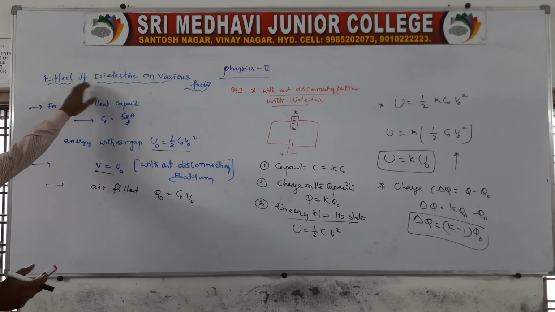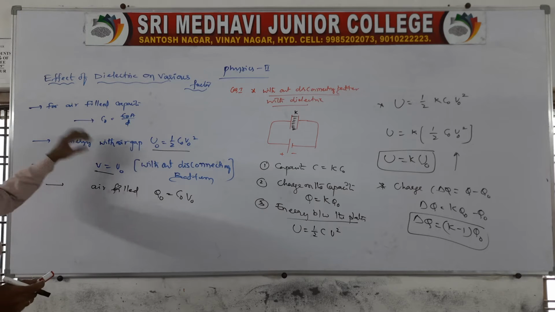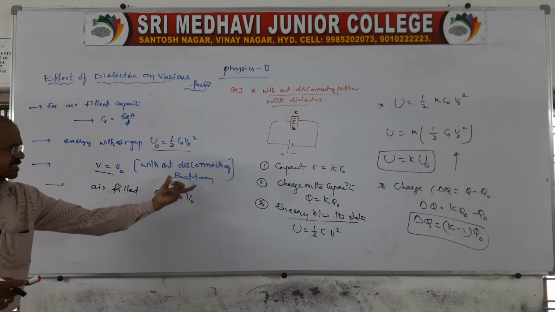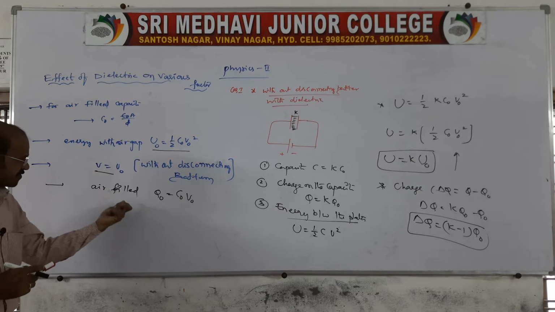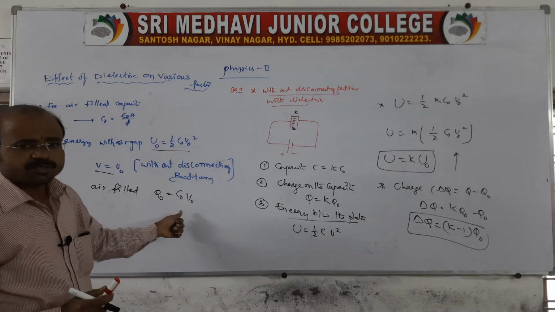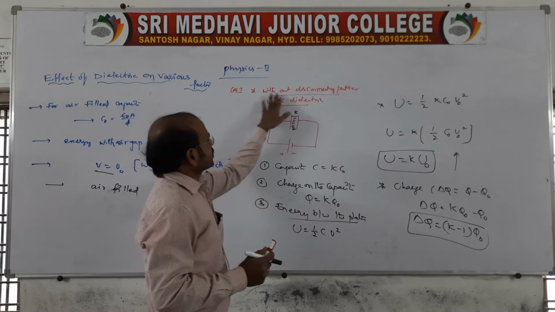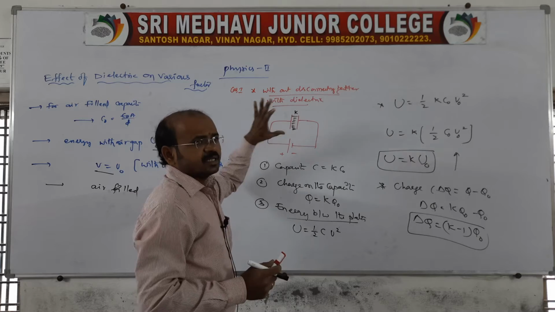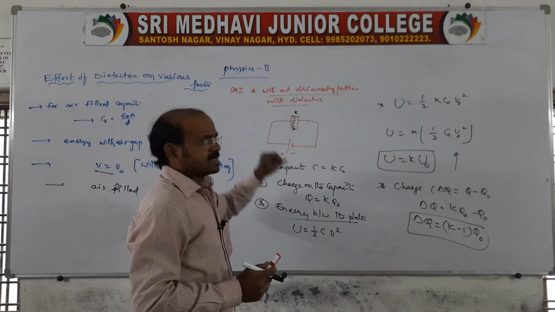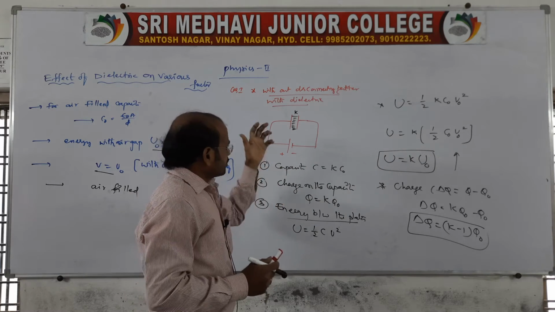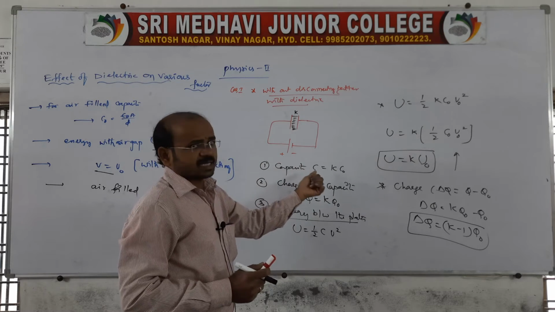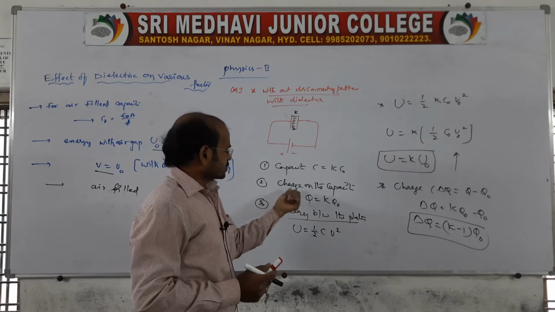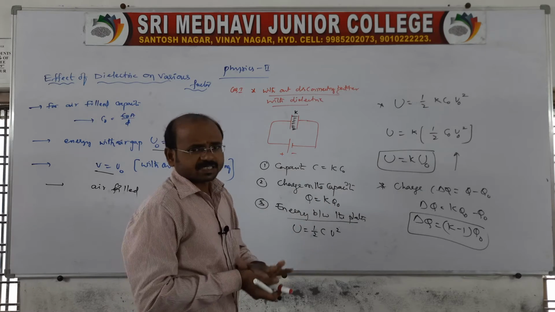First of all, the effect of dielectric on the various factors. With the air field, the charge is Q naught equal to C naught into V naught. Without disconnecting the battery, with the dielectric present, the capacitance increases by K times, so the charge on the capacitor also increases by K times.